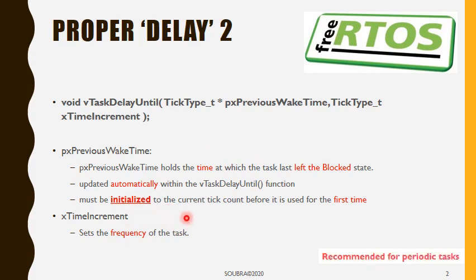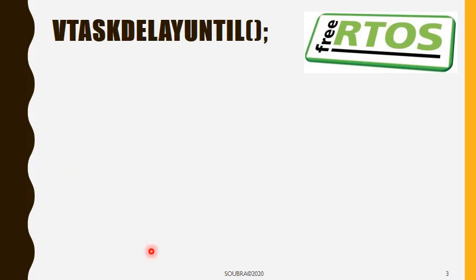This is systematically what you do whenever you implement periodic tasks. As I said, the operating system only understands ticks, so you need to convert whatever time in milliseconds into ticks using a special system call.